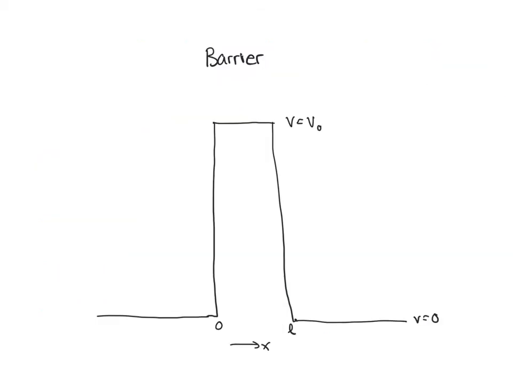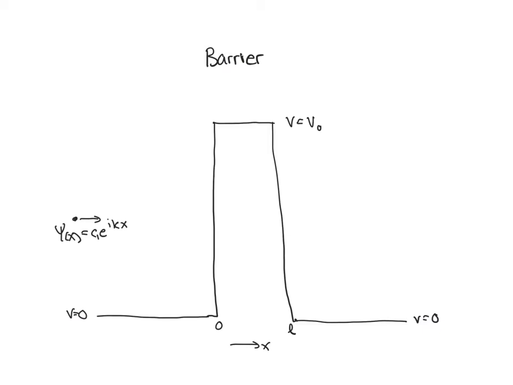So now let's make some inferences about what the wave functions would look like for a barrier potential. If I have a particle that is moving towards the barrier, so moving in the plus x direction, the wave function for this particle, because I have V equals 0 out here, is equal to C1 e to the I kx.